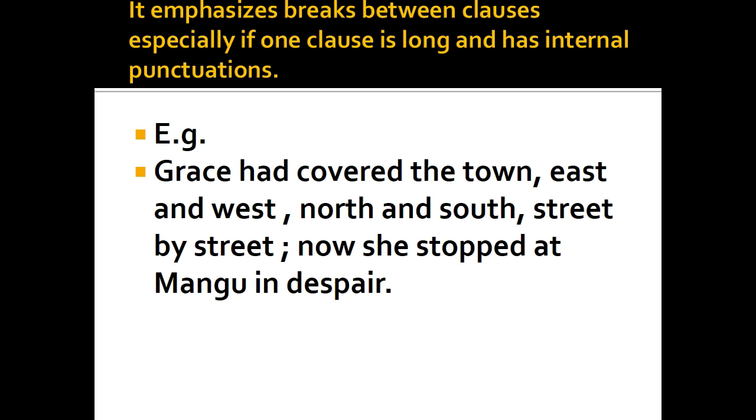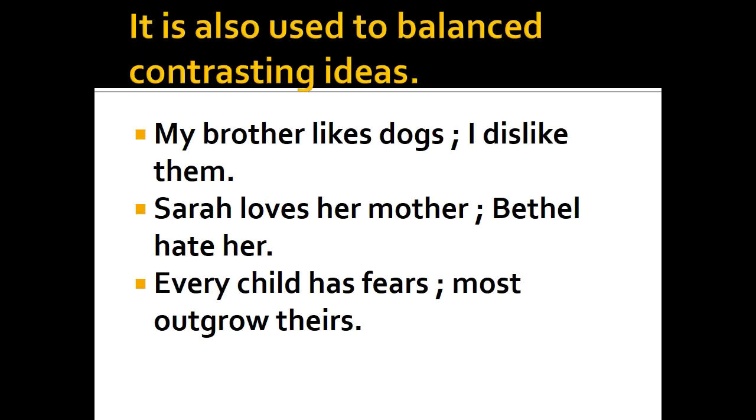It's separated by the use of commas, but it is finally joined with the semicolon to make a complete thought. It is also used to balance contrasting ideas. Remember, when I was explaining the uses of the colon, I made mention of this. So this one too can be used to join contrasting ideas or contradictory statements.